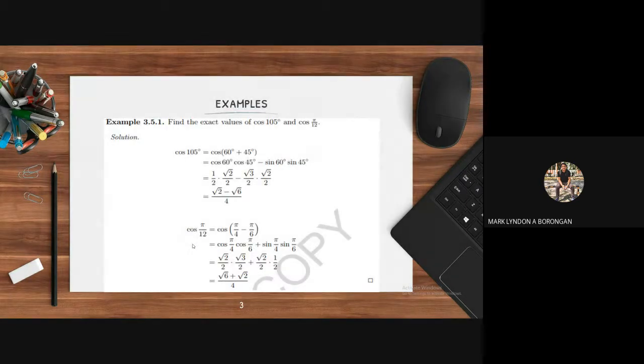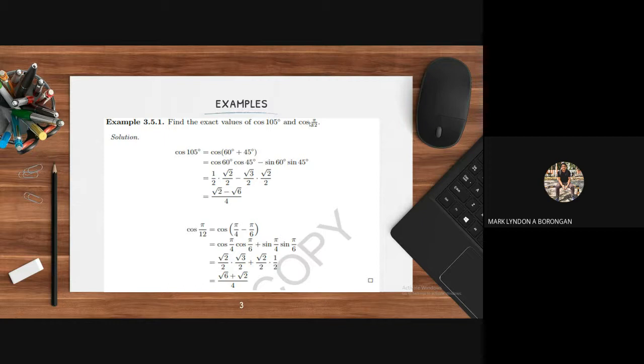So, we have there ato example. We will find the exact values of the cosine of 105 degrees and the cosine of pi over 12. Mo recall ta sa atong special angles.